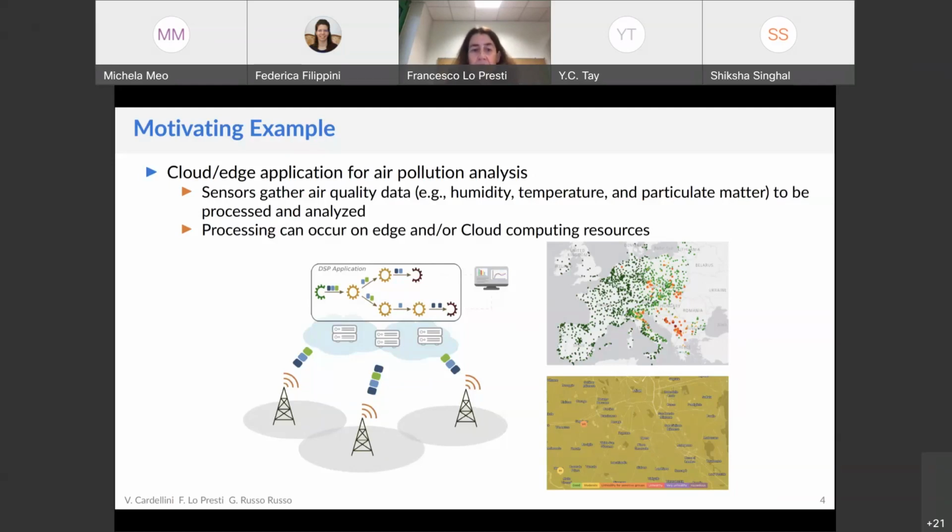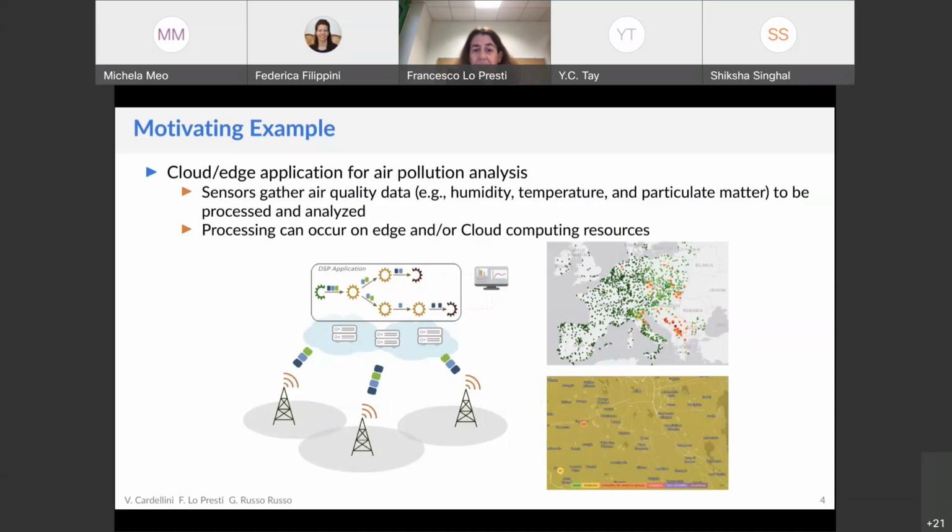For example, you can have a specific event that requires a larger data generation from sensors, and so you need more processing resources to process those data. Or it can even occur that some nodes fail during the processing, and so you have to place the components of the application on some other nodes of the environment.